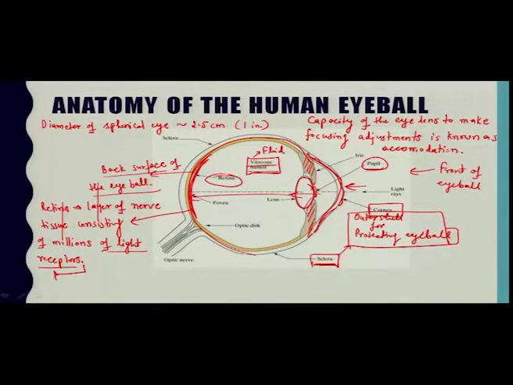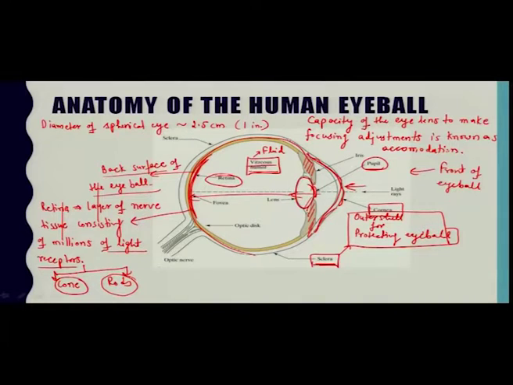We can categorize them as cones and rods because of their respective shapes under a high powered microscope. So, these light receptors may be of the shape of a cone or of a rod.